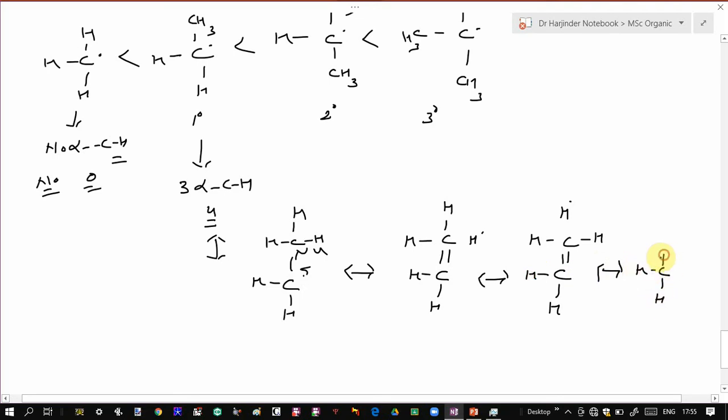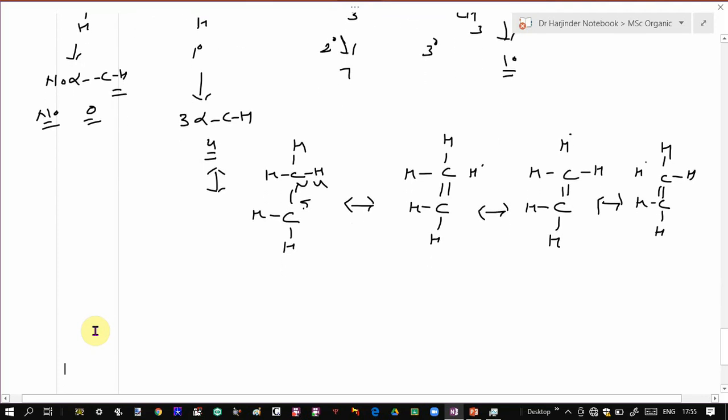So here you have a total of 4 hyperconjugative structures. Here you have 7 and here you have 10, as it has 6 alpha carbon-hydrogen bonds, and here you have 9 alpha carbon-hydrogen bonds. So more hyperconjugative structures, more the stability.